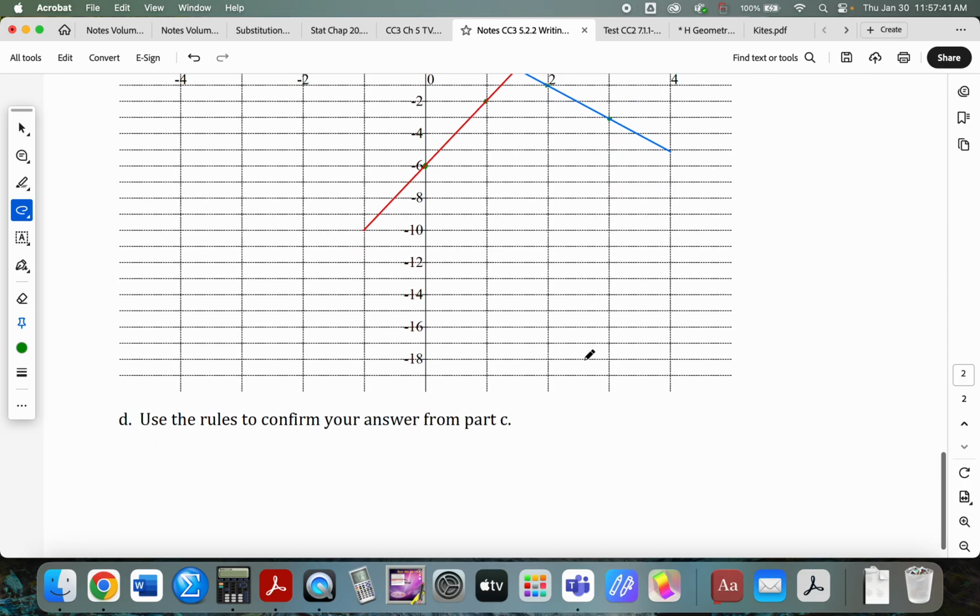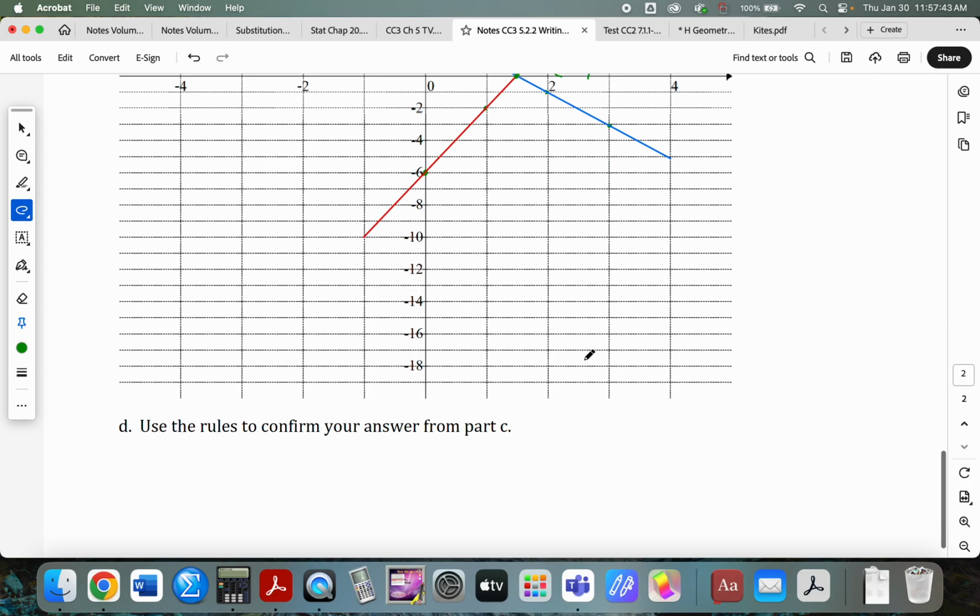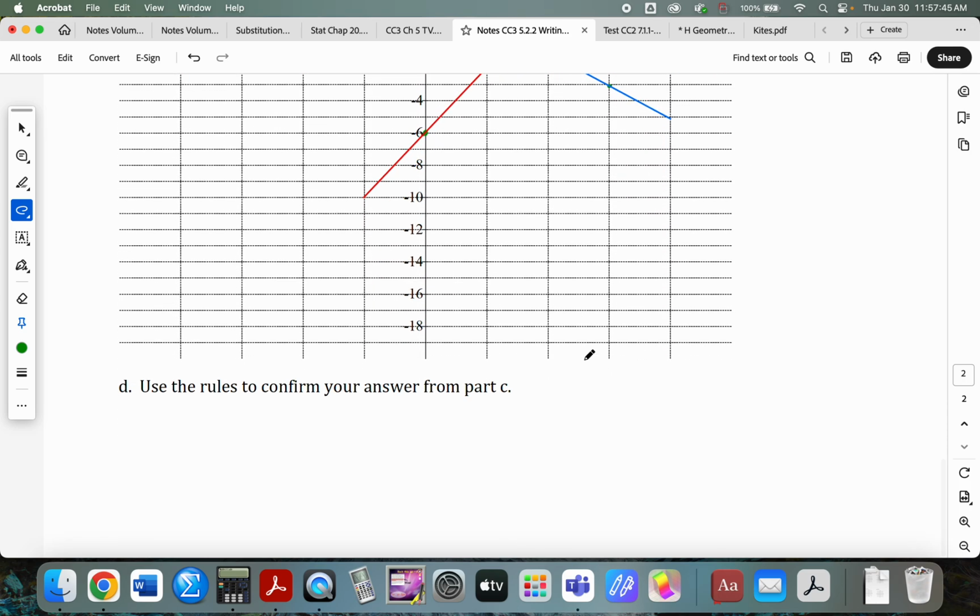All right, so let's use our rules to confirm the answer from part C. So we said it was 1.50, right? Paul, can you read me the first equation, the first rule? Y equals 4x minus 6. Let's see if this really works.